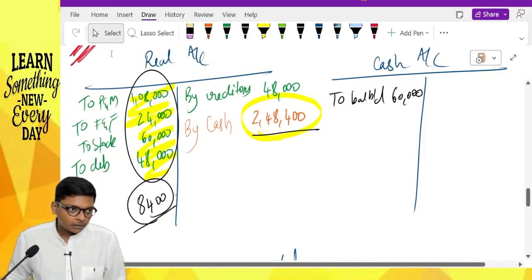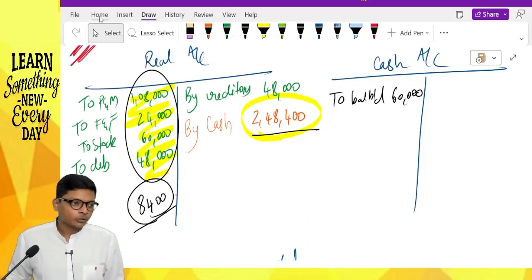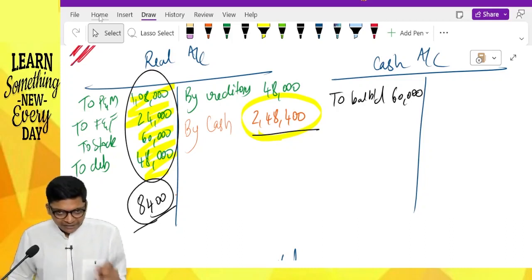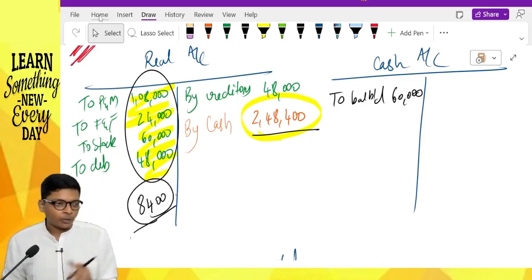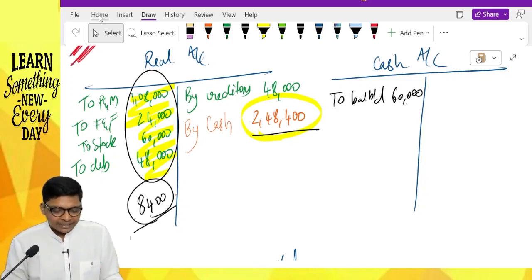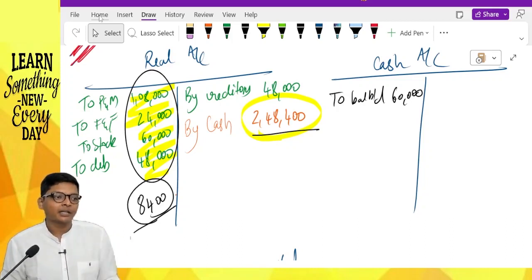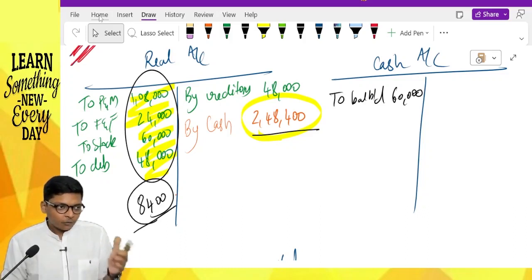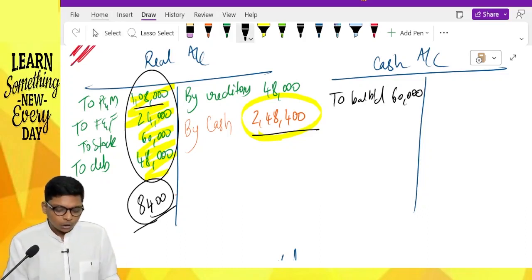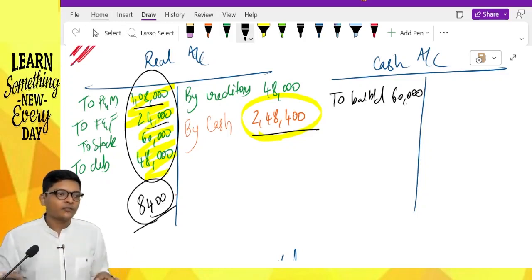See, net effect in this sum, coming seriously to your point, is easy. Sometimes each asset will be settled in a different manner. Then they'll tell you 1,08,000 is taken over by partners, 24 is sold for 40, 60 is settled only for 40,000.